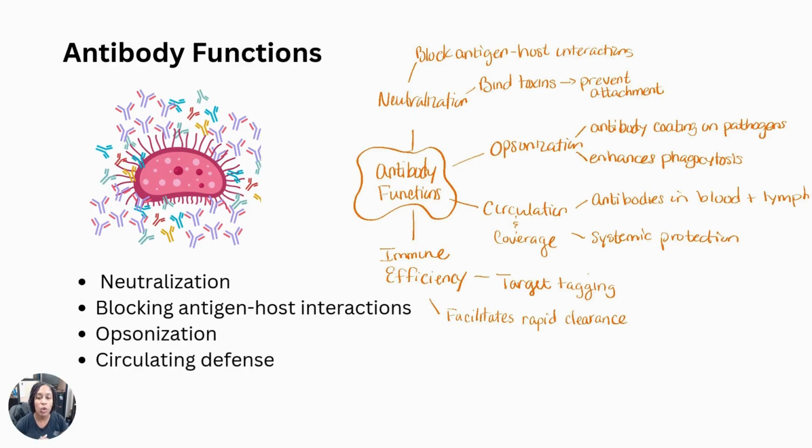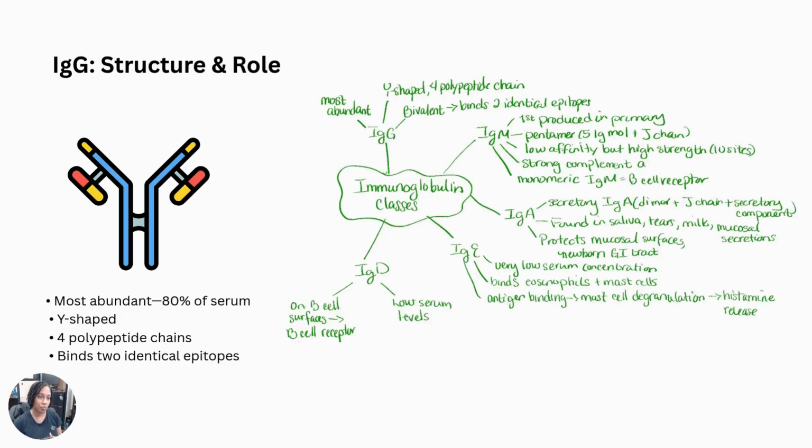The next, we will break down the major antibody classes. We have 5 of them. On our mind map, we have IgG, IgM, IgA, IgE, and IgD. Now, IgG, going back to that one, is the most abundant class in the serum.